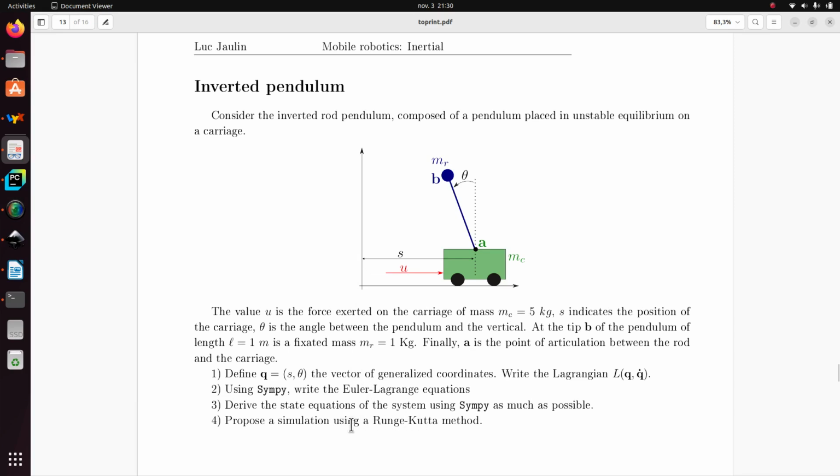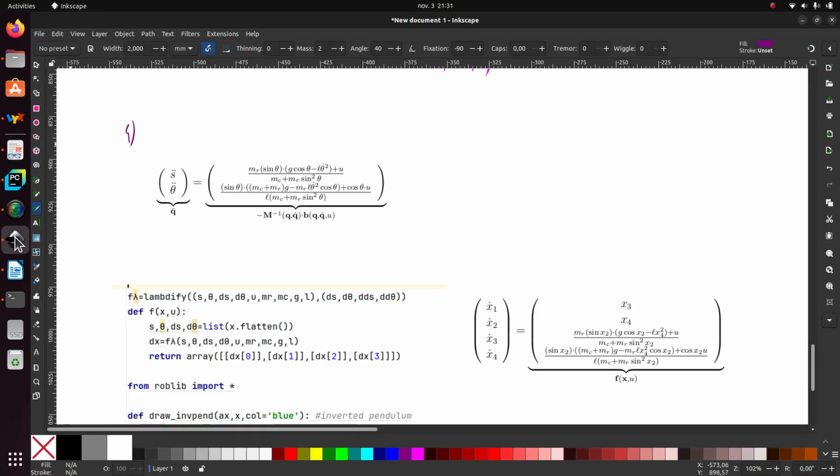Question number 4. Propose a simulation using a Runge-Kutta method. We have here an expression of q double dot with respect to q and q dot, and from this we should obtain, using SymPy, a formulation where I have x dot as a function f of x and u, so that I can use a Runge-Kutta method.